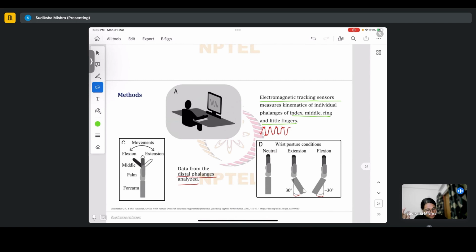And there are three wrist positions considered: neutral, extended, and flexed. The extension and flexion angles are 30 degrees. In particular, the data from the distal phalanges was analyzed.